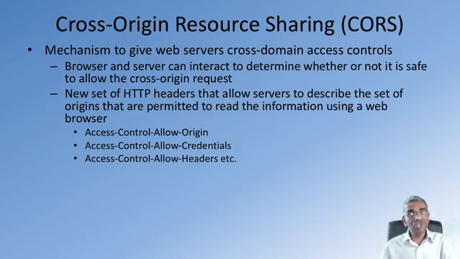And when the browser sees these in the incoming reply message from the server side, the browser accepts and allows this cross-origin request to be performed. Now, this also means that the server should be set up to be able to respond with these header fields and the header information included in the reply message coming from the server side.